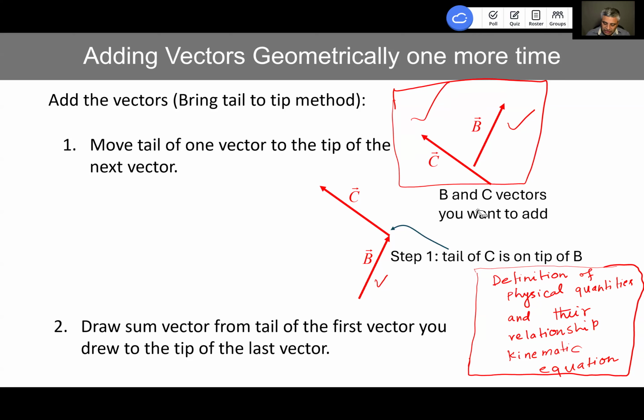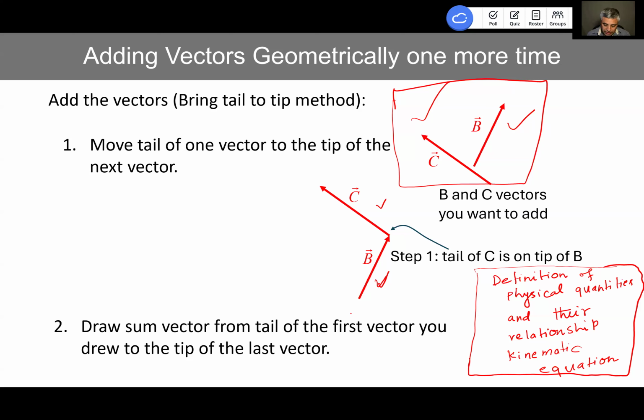So that's the step one. Now it's time to draw the sum vector. Or in this case, if these happen to be position vectors, then this would also be the displacement vector.